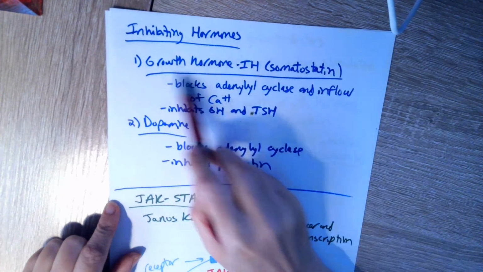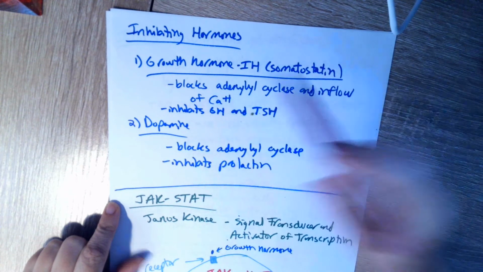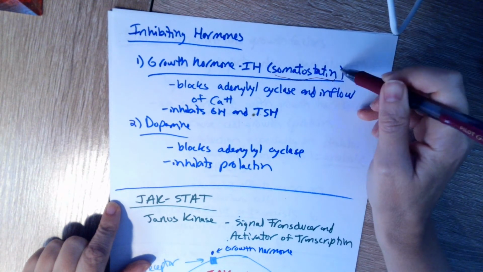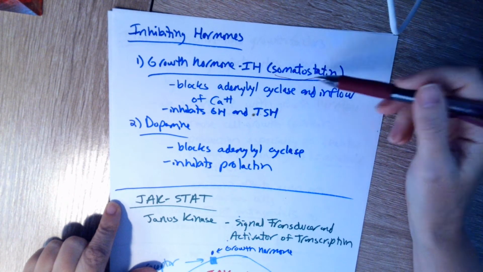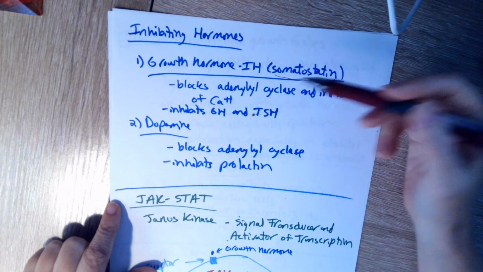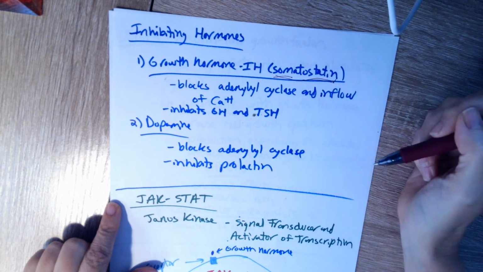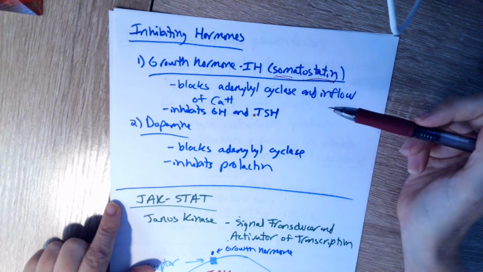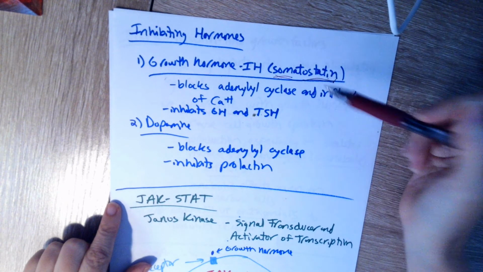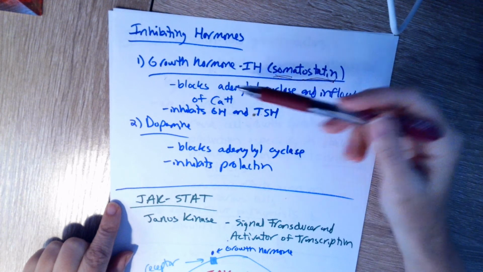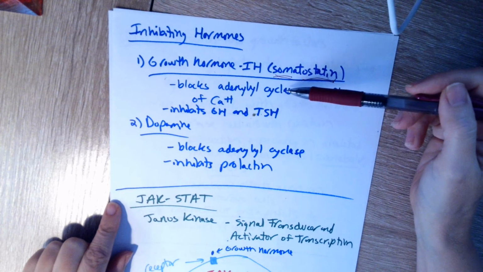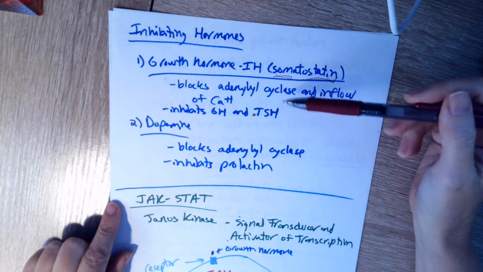So growth hormone inhibiting hormone. This is also called somatostatin, which if you look at the word in Latin, it says exactly this. Soma means body, statin means stay the same. If you're not growing, you're staying the same, so somatostatin. What this hormone does is it blocks adenylyl cyclase in the anterior pituitary cell.